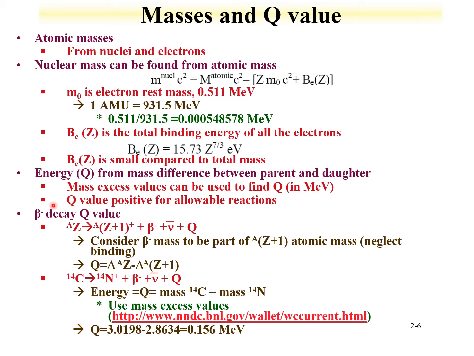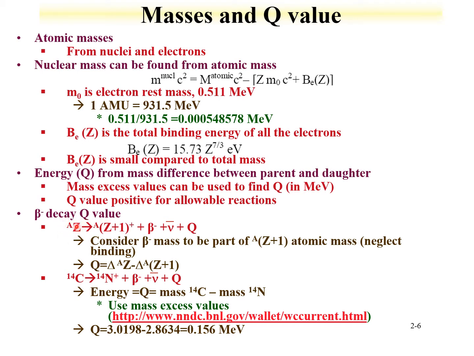We can look at the beta decay and determine the Q value for this route. So using the mass excesses for beta decay, we have an isotope that converts an excess neutron to a proton, giving off an electron, an antineutrino, and some energy. Let's consider the beta particle, the electron, to be part of this charged new atom that's made.